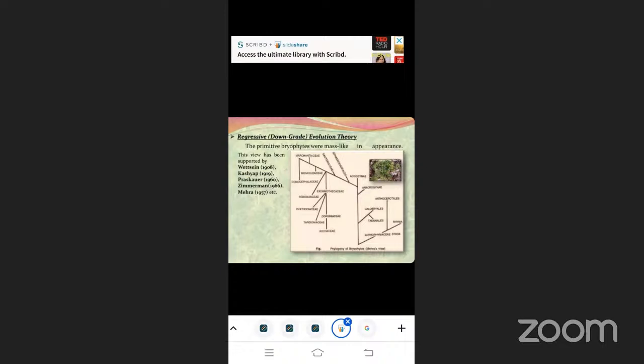And the other is the progressive theory. Sometimes they ask the progressive theory in short questions, but mostly in essay questions. These are the types of questions that come.